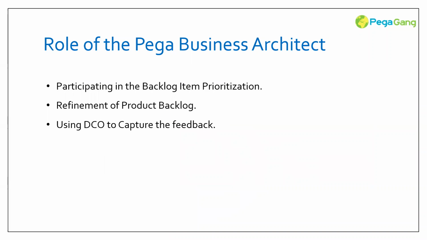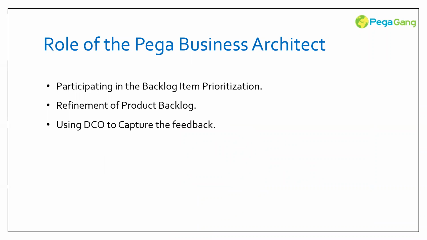As I said, the Pega Business Architect is responsible for participating in backlog item prioritization. We have different types of prioritization techniques, the Kano model and the Moscow model, which are the two most companies use for prioritizing backlog items.